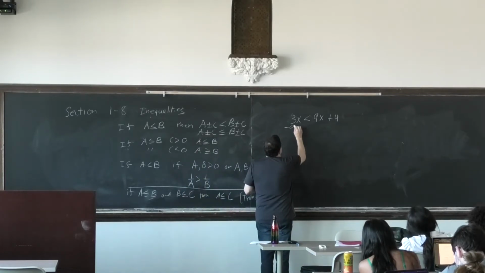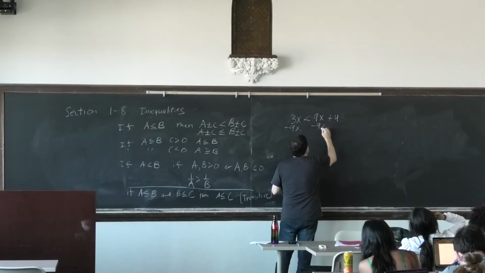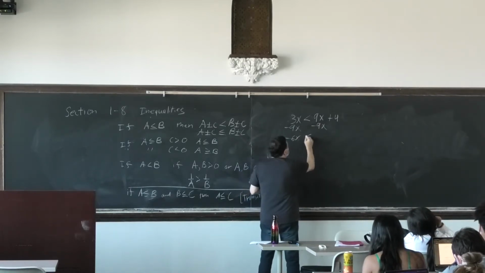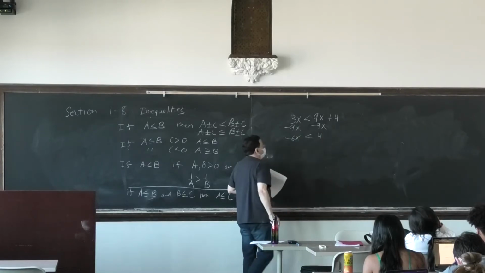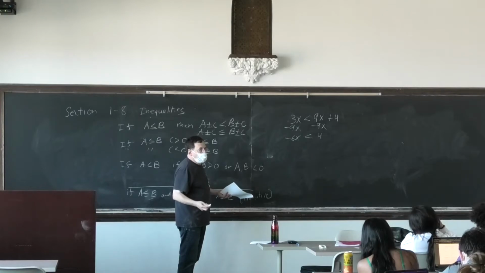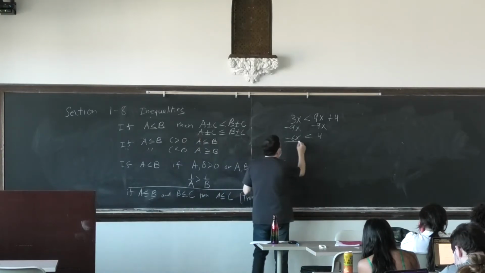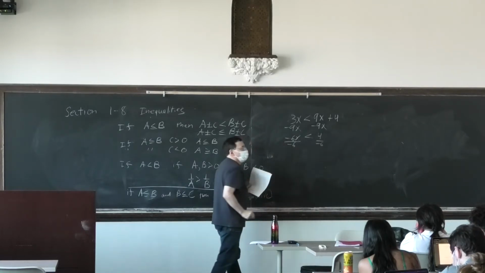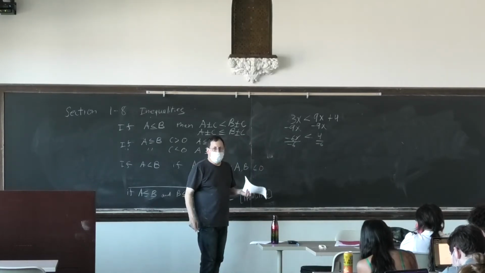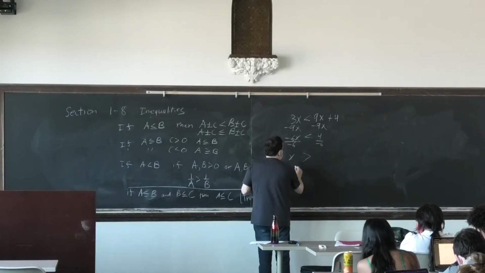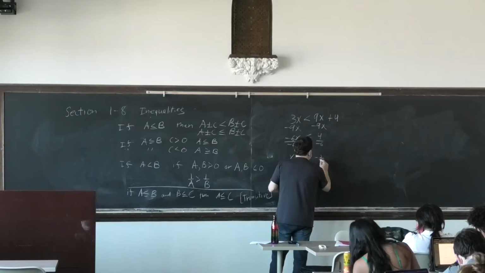So I'm going to subtract 9x from both sides, and I'm going to get negative 6x less than 4. And now I want to divide by minus 6. When you multiply or divide by negative numbers, I'm going to switch the inequality and get x is greater than negative 2/3.